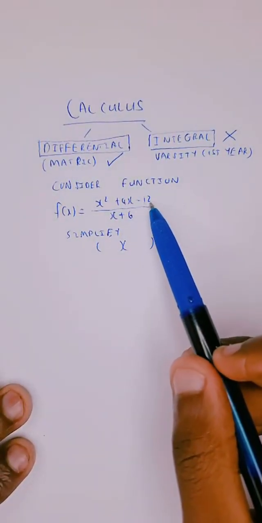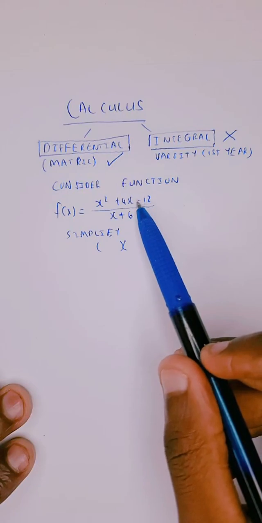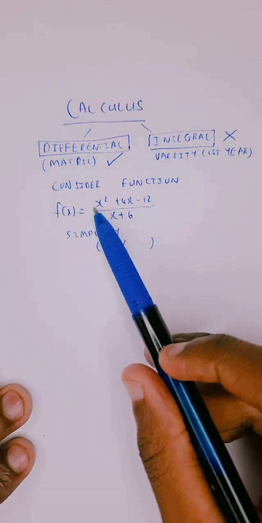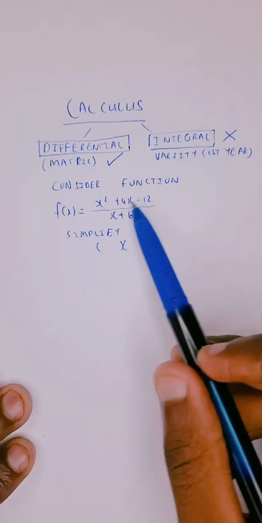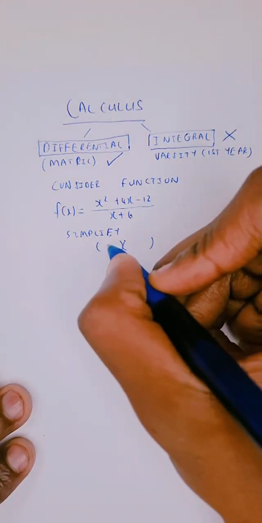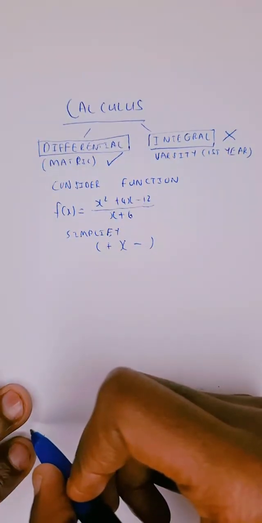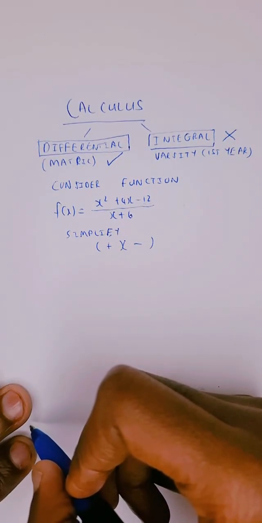Factors of 12. First and foremost, the signs. If your last term is negative and your coefficient of x squared is positive 1, that means our signs are different. So a positive and a negative occupy the first and the second brackets.